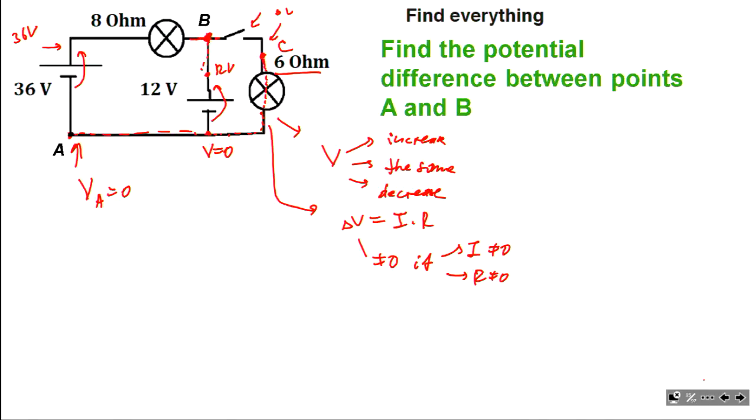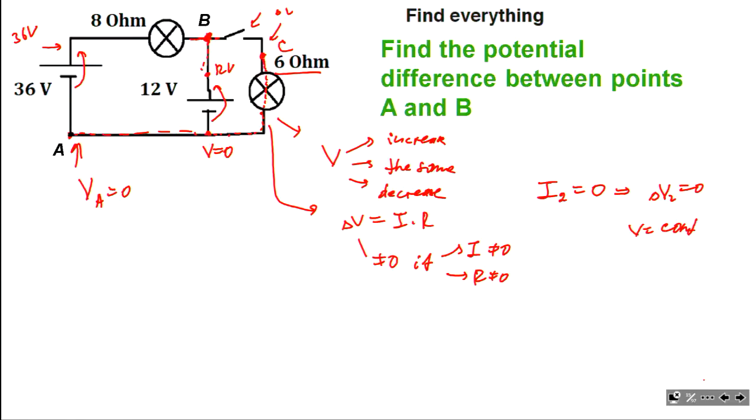Current. Is there any current through that bulb? No, because the switch is open. That's where physics is, not mathematics, physics. So electric current through bulb 2 is zero, hence delta V 2 is zero, hence V remains constant.